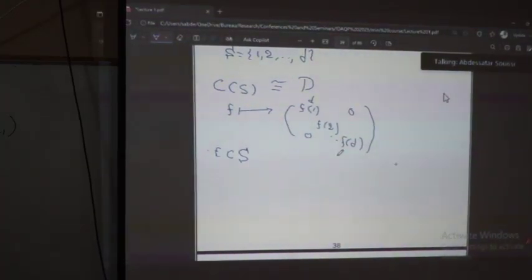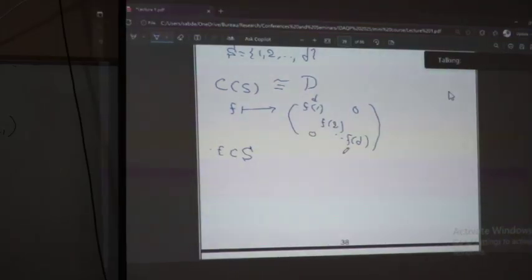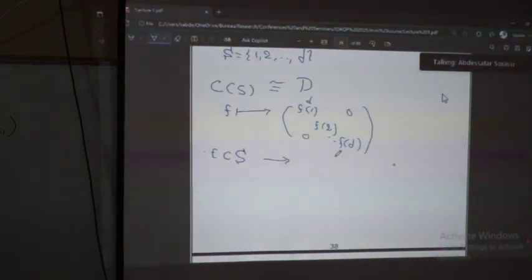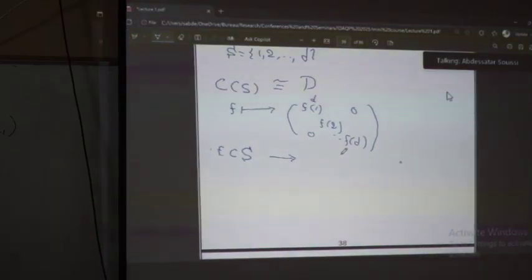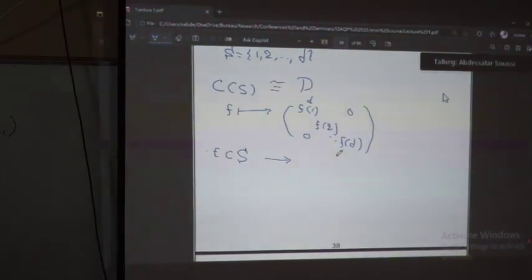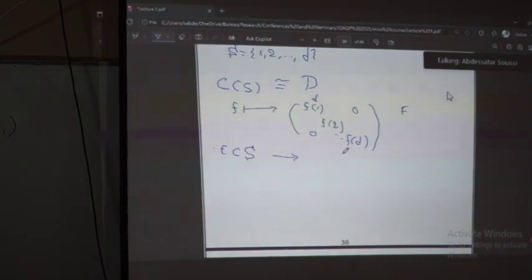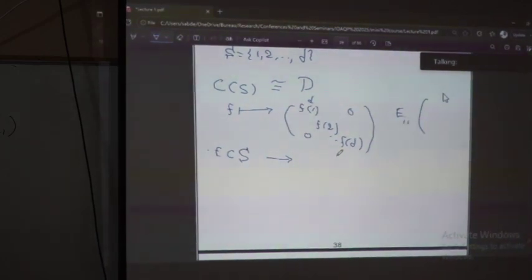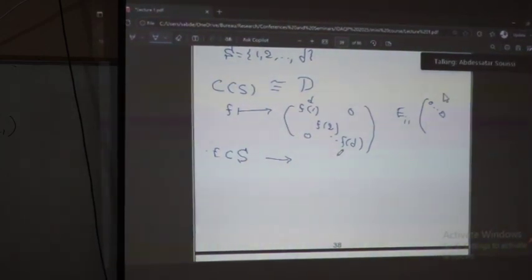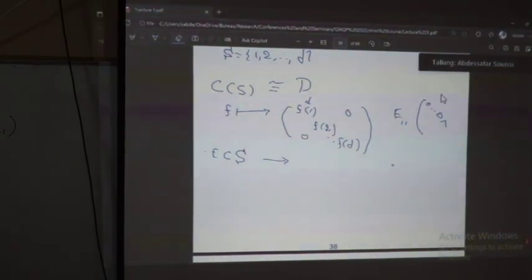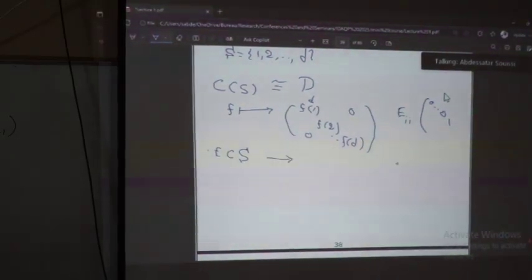And then we consider, in the Hilbert space notation, the projection E_ii. If you consider the projection E_ii, it is a diagonal matrix whose entry is 0 except that the i-th position is 1 and the rest is 0.